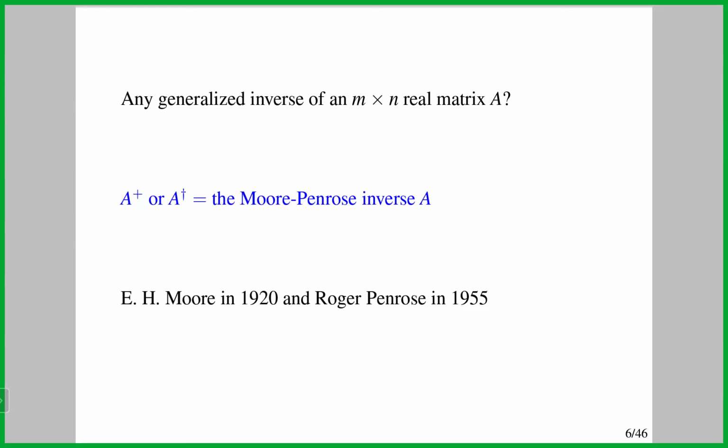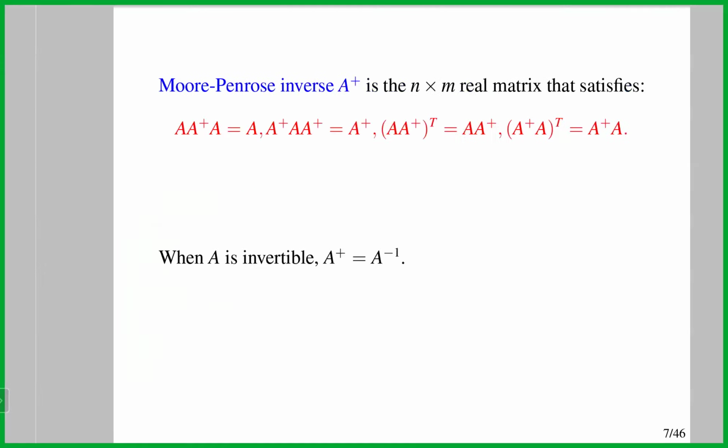Before I talk about its combinatorial properties, I want to spend a little bit of time on this interesting inverse. I said the Moore-Penrose inverse, which means the inverse is unique. If you have a real matrix or even a complex matrix, the inverse is unique. How do you find that inverse?